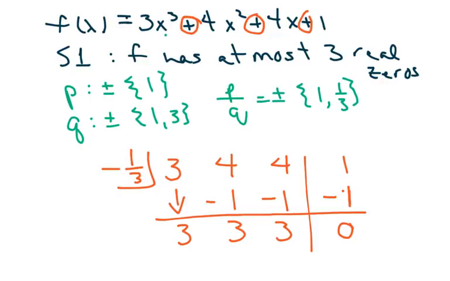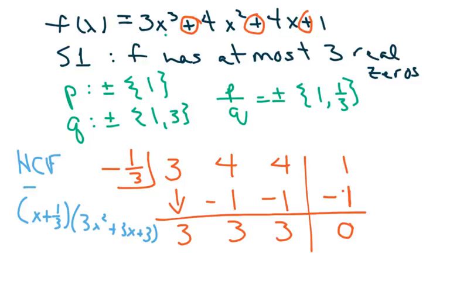So our equation would be x plus 1/3 times 3x squared plus 3x plus 3. Now I'm going to use the highest common factor, also known as the greatest common factor, and factor out a 3 here. I'm just going to factor it out and put it up front.